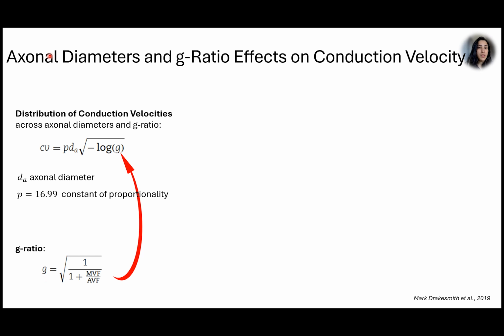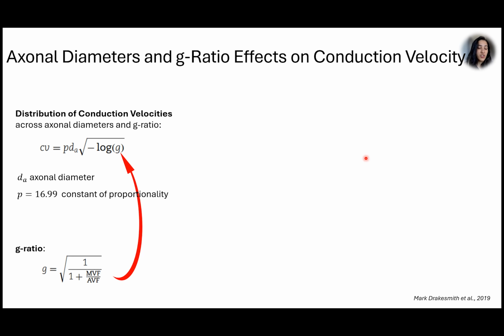This approach has been shown to give a valid aggregate measure of G-ratio for a distribution of axonal diameters. In this case, P is some constant of proportionality, which was estimated in their data to be 16.99.